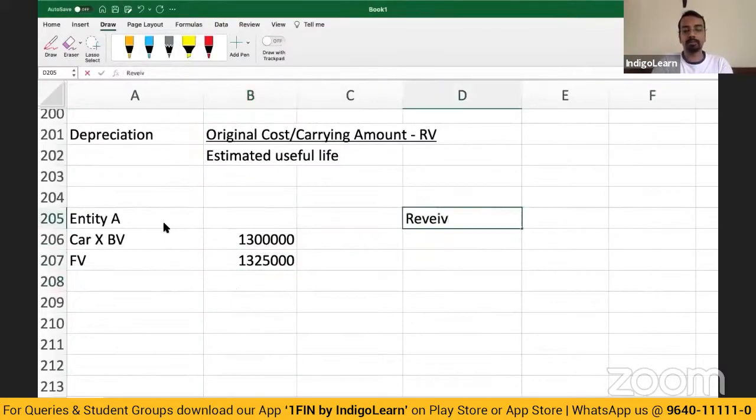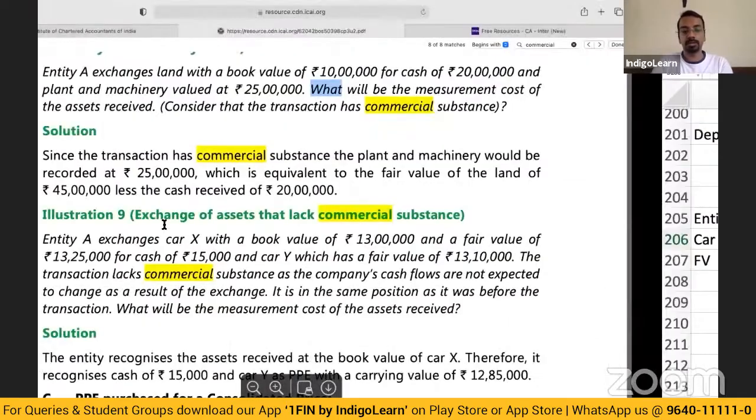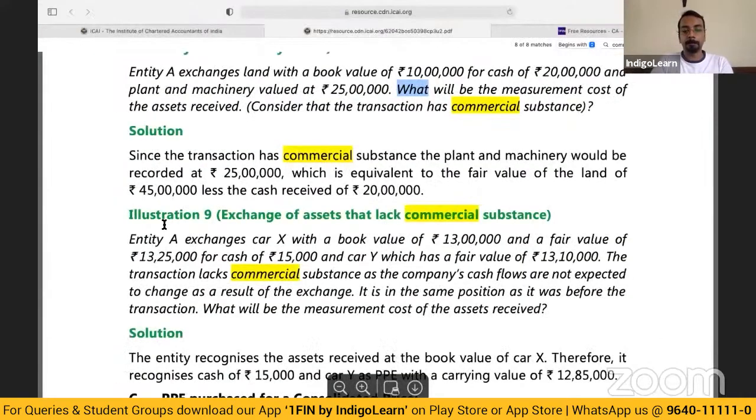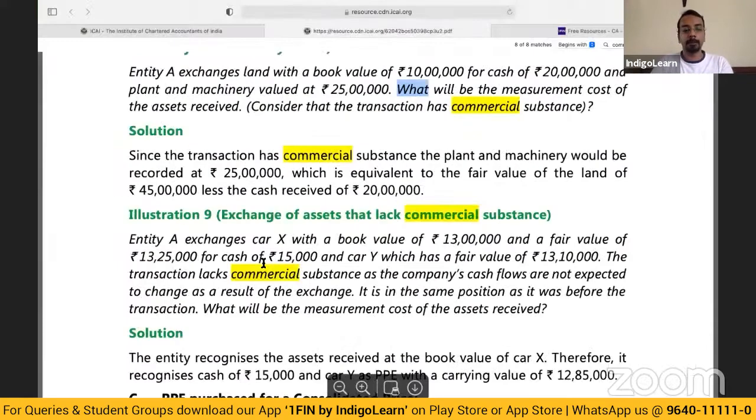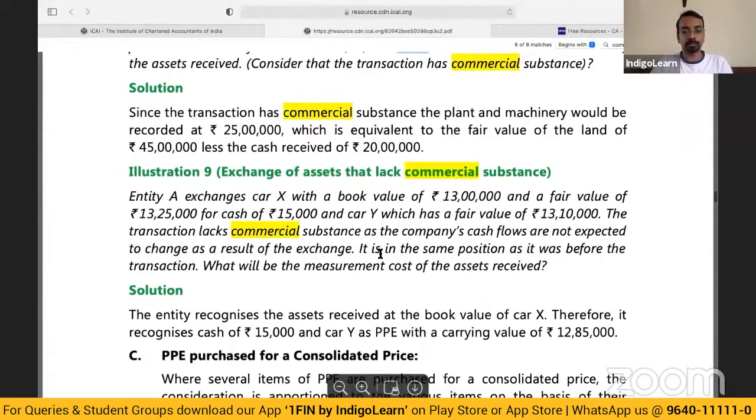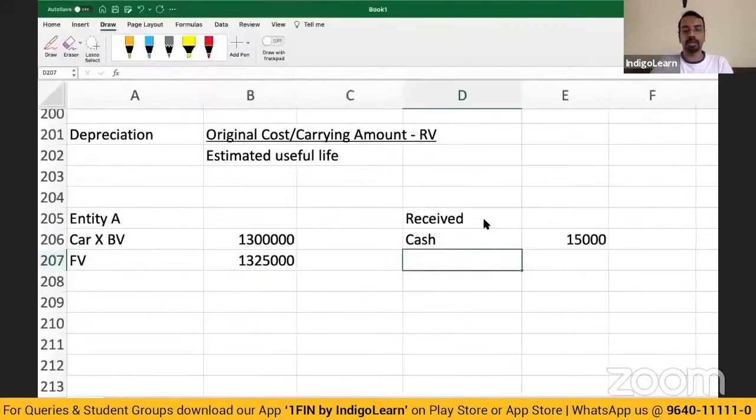Received is 15,000 cash and car Y with fair value 13.10 lakhs.